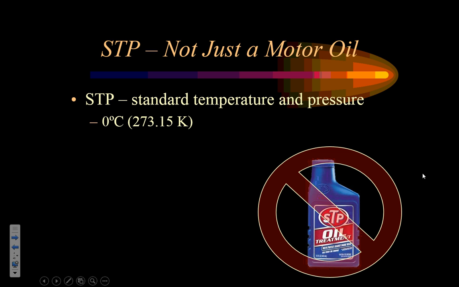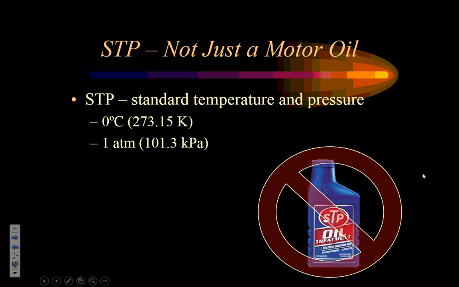So standard temperature is considered to be 0 degrees Celsius. Now, since in math problems we need to be in Kelvin, remember that's actually going to be 273.15 Kelvin that we'll be using. So whenever you see Celsius, you've got to get to Kelvin, and that means add 273.15 and round appropriately. The standard pressure is 1 atmosphere.